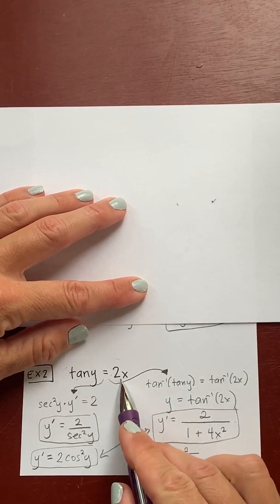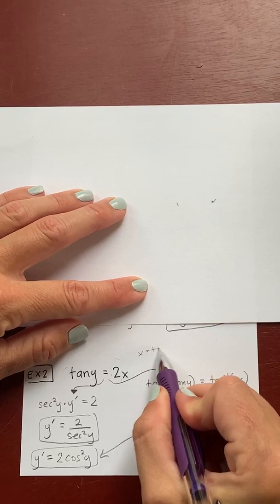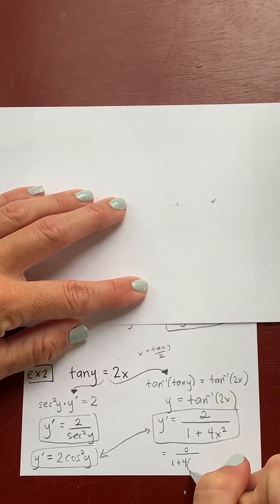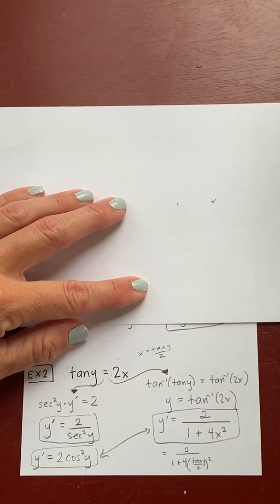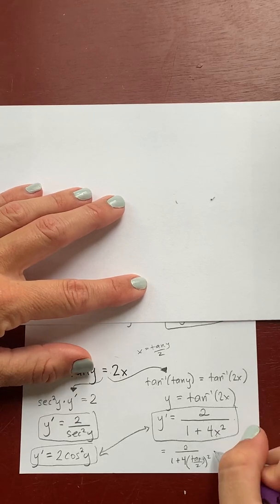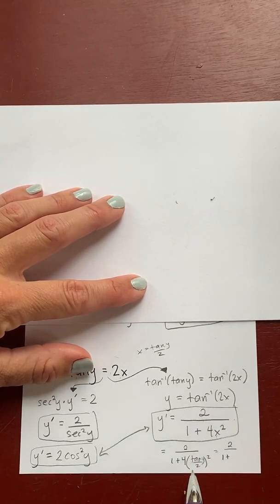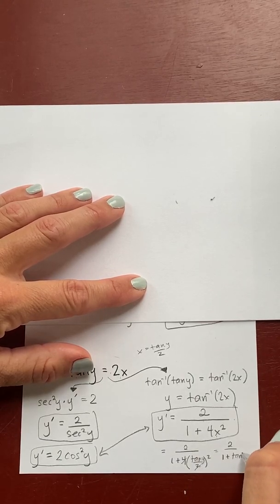So what is x? x is the same thing as the tangent of y divided by 2. So I can replace x squared with tangent of y divided by 2, squared. I'm totally going to run out of room on this little thing. So this would become 2 over 1 plus, this is squared, so the 4 and the 2 squared will cancel, and I have tan squared.